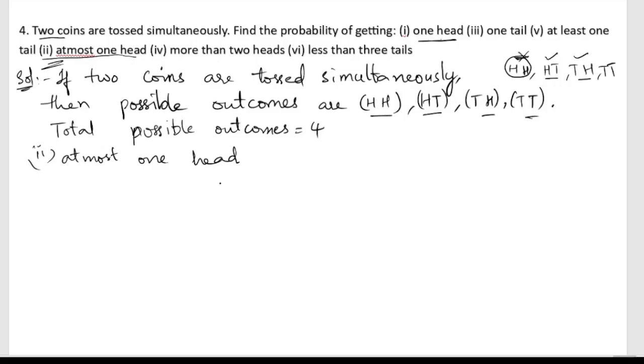At most one head means without a head also we can take. That means two heads are not acceptable. So we can take tails and head, and tails. At most one head. What do you mean by this? One head or no head.